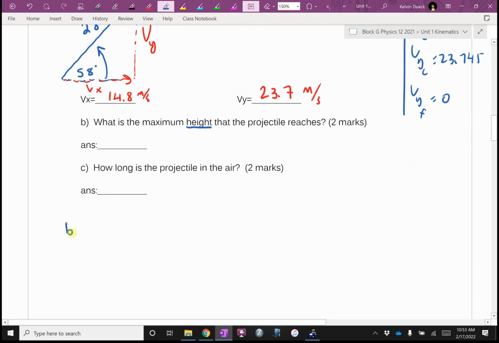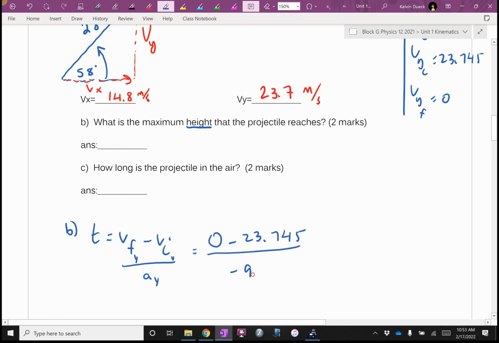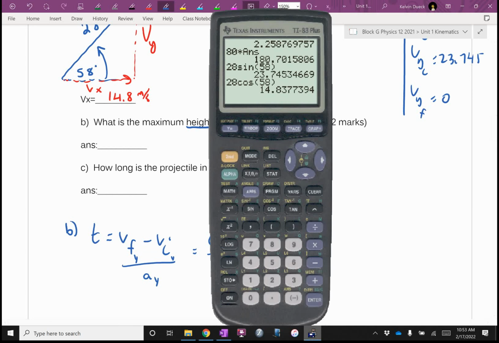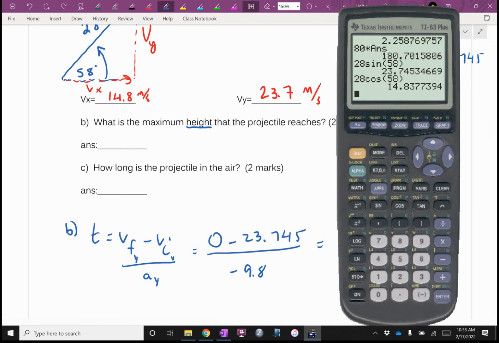So I can find time. How? For B, I'm going to use T equals Vf minus Vi over A, as long as all of those are vertical. It's going to be 0 minus 23.745 all over negative 9.8. If I'm really fussy and want to be really accurate, I could quickly go 28 sine 58.